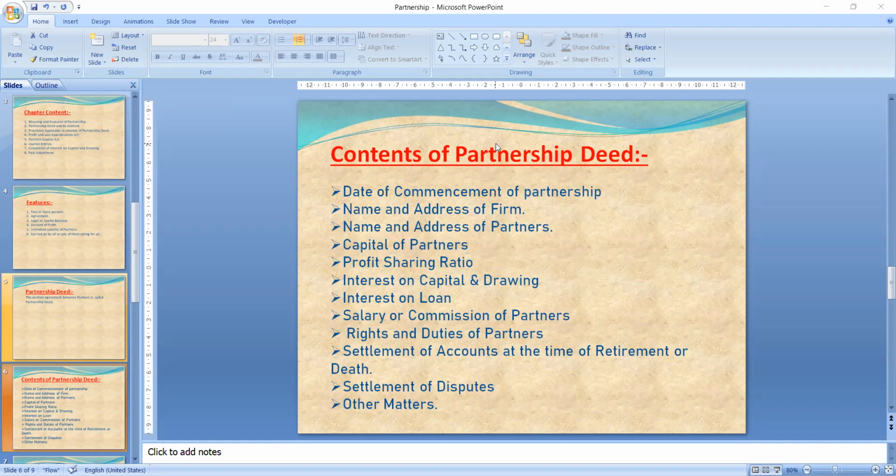But when profit arises, partners want maximum share in profit, and that is where conflict and dispute arise. So it should be written clearly in the partnership deed that the shares of all the partners should be given.